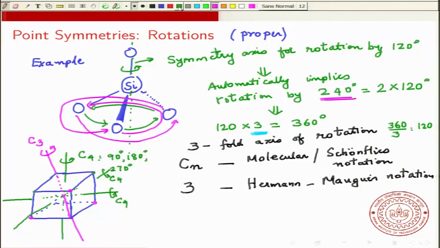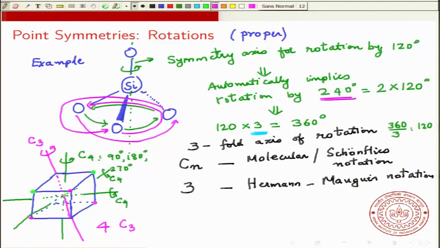The opposite 3 points, I will show that in a different color. Let me take light green. So if you do it by 120 degrees, the back corner and this point will get permuted into each other. Okay, so now you can immediately see that there are 3 more C3 axes. So a cube has 4 C3 axes, because you can start with any corner and go to its opposite diagonal.